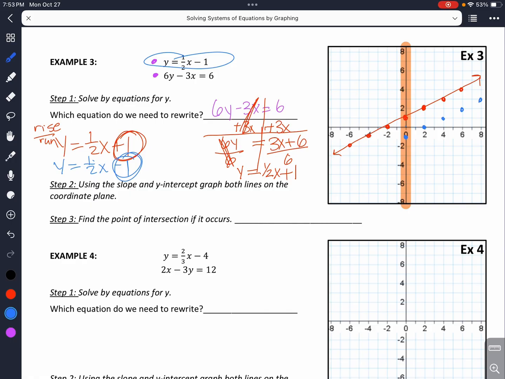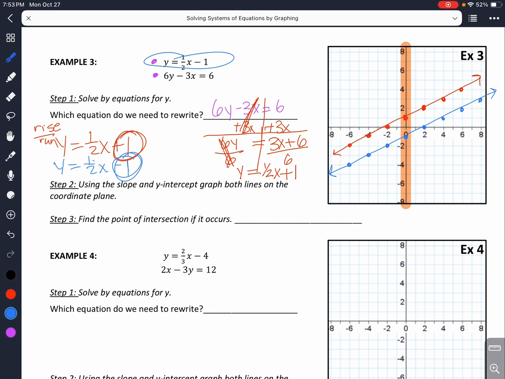And I'm going to do the same thing to the left side, just opposite. I'm going to go down 1 to the left 2, down 1 to the left 2. And I'm going to connect those dots.